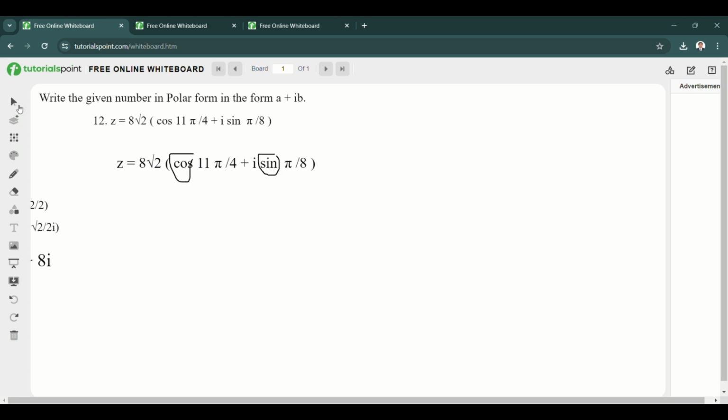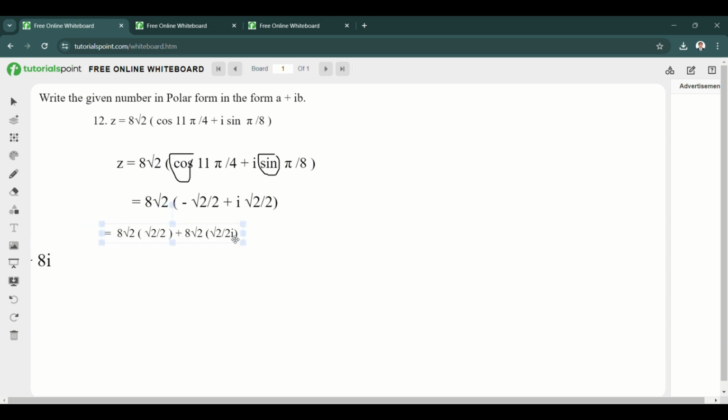By plugging it in the calculator, we will get 8 square root of 2, then the cosine of 11π over 4 is equal to negative square root of 2 over 2 plus i, plus the sine, which is 2 square root of 2 over 2.